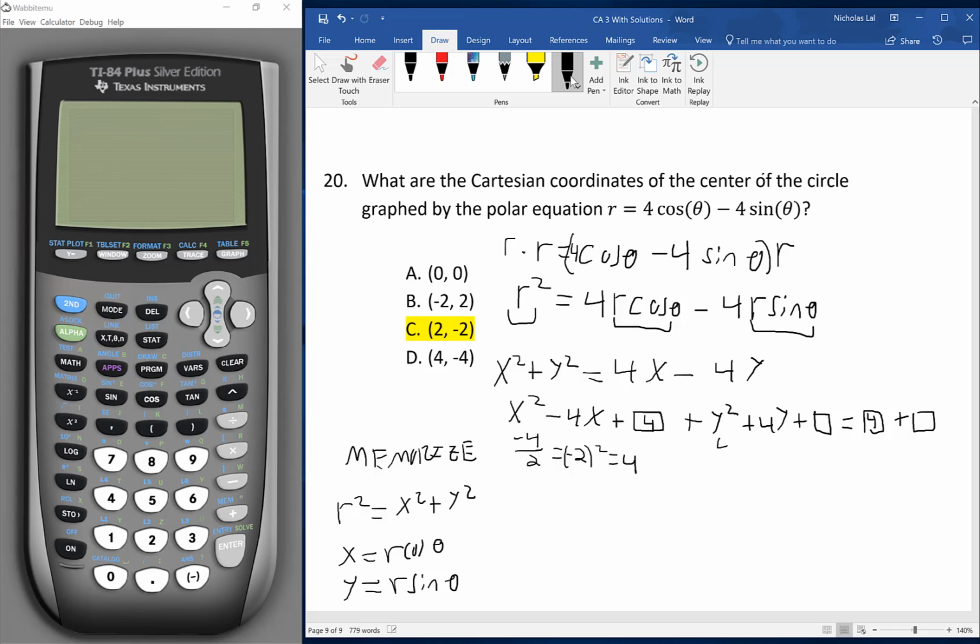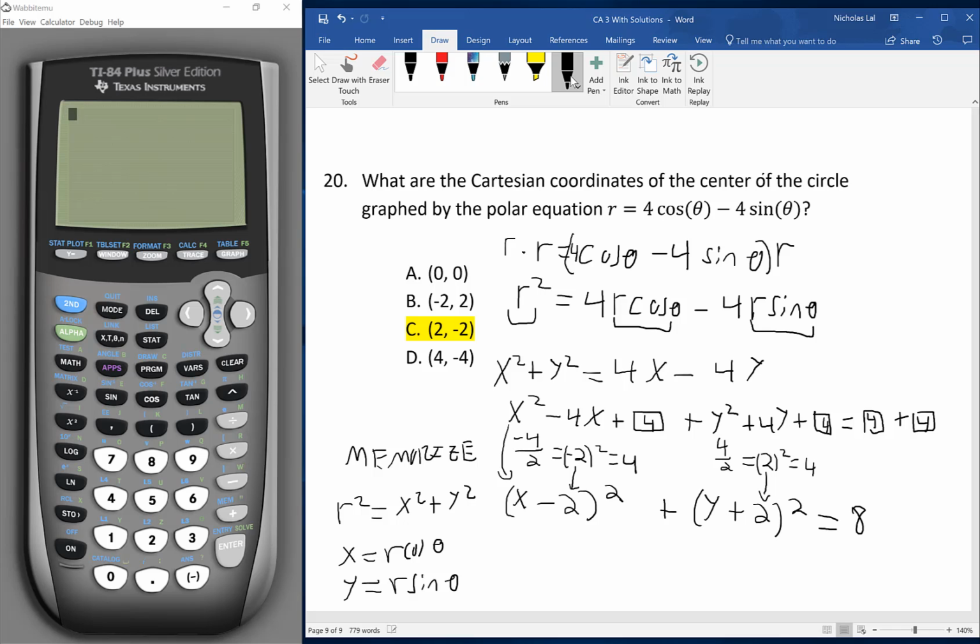And for the same thing, 4 divided by 2 is 2. Square it. That's 4. So I will get the equation x squared minus 4x plus 4, which will factor into x minus 2 squared, plus y plus 2 squared is equal to 4 plus 4 is 8.